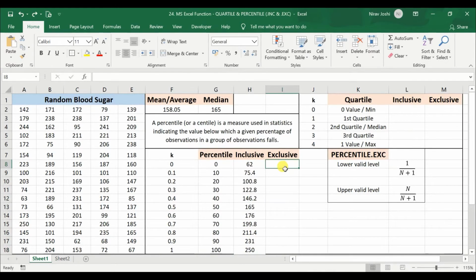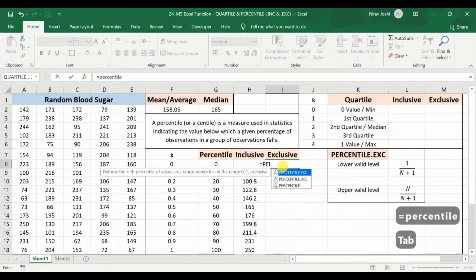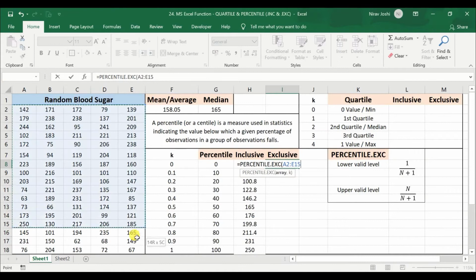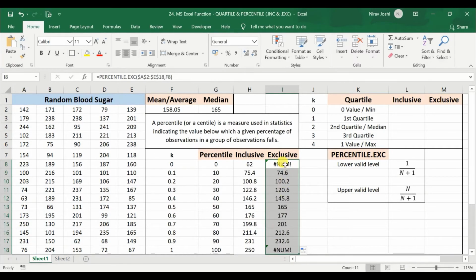Next, we move to the calculation of percentile exclusive. When we select the array and make it absolute and select the value of k, press enter and drag it down. Now if you see here, for percentile 0 and 100, it is showing num error.